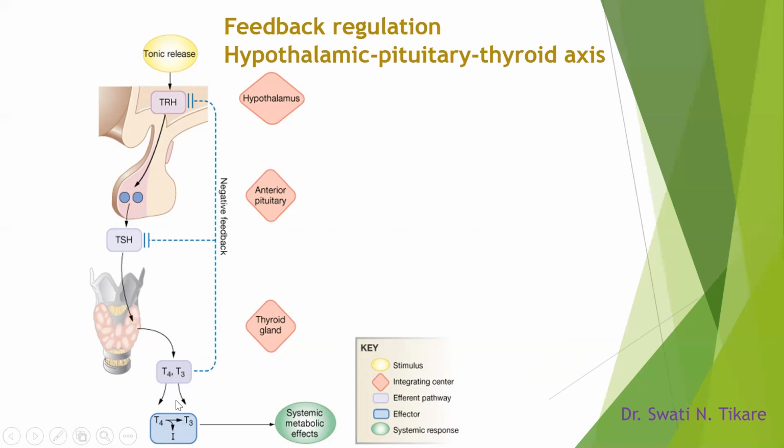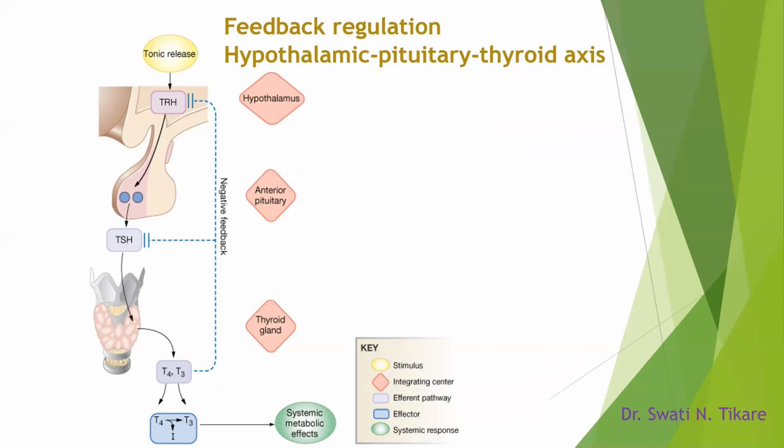Later, the T3 and T4 hormones will bring about a physiological effect. Whereas the free forms of T3 and T4 have a negative feedback effect on the anterior pituitary. They inhibit the TSH. They also inhibit the TRH. So this is the long loop, short loop, negative feedback mechanism.